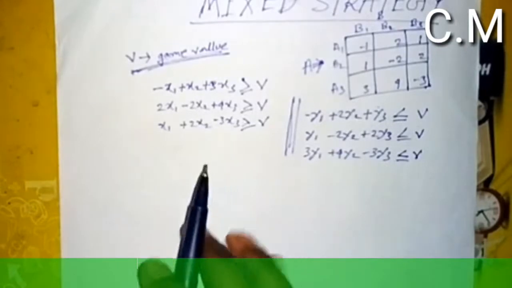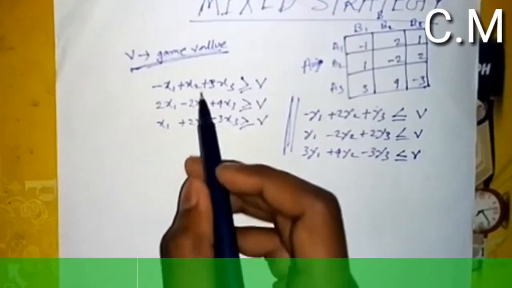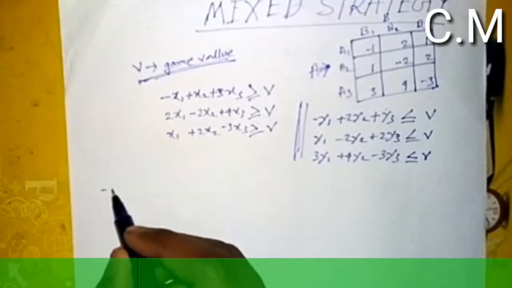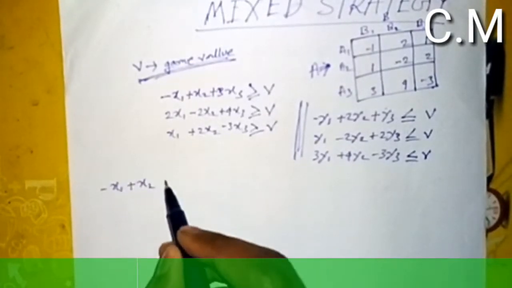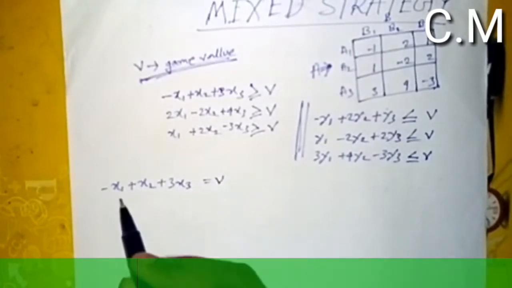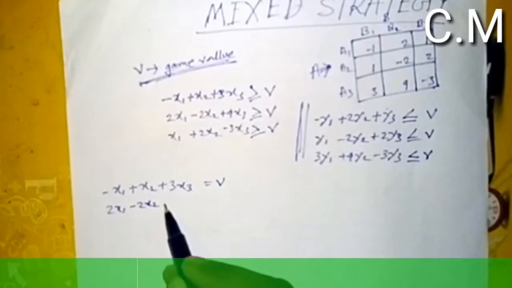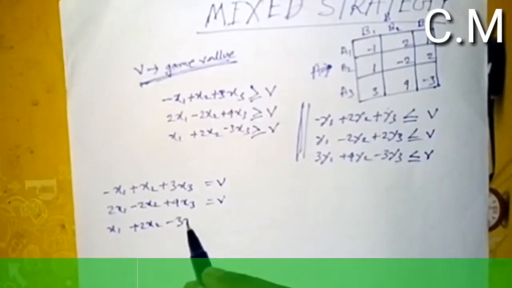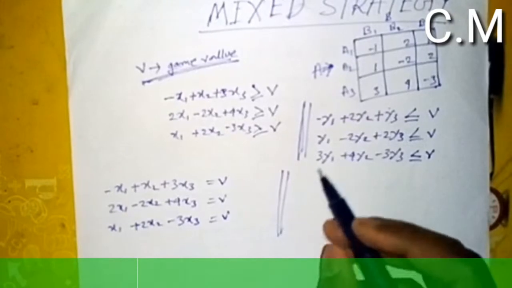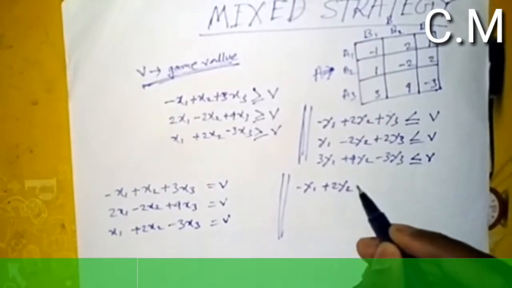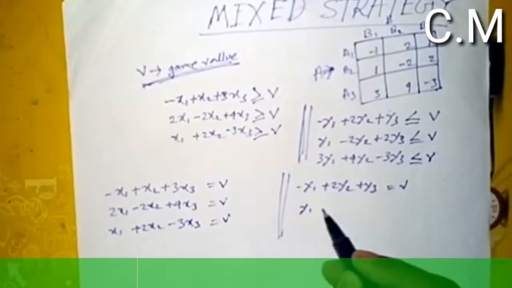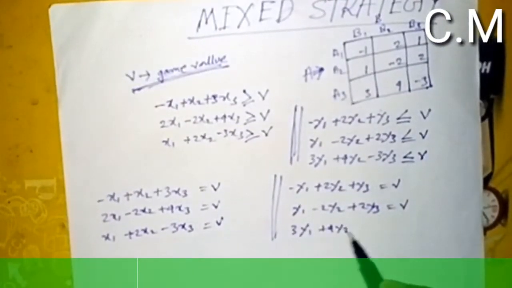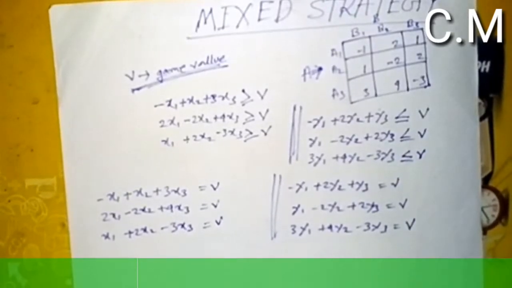First we convert the inequations to equations to solve them. We write minus x1 plus x2 plus 3x3 equals V. Next, 2x1 minus 2x2 plus 4x3 equals V. x1 plus 2x2 minus 3x3 equals V. Similarly, y1 plus 2y2 plus y3 equals V, y1 minus 2y2 plus 2y3 equals V, and 3y1 plus 4y2 minus 3y3 equals V.